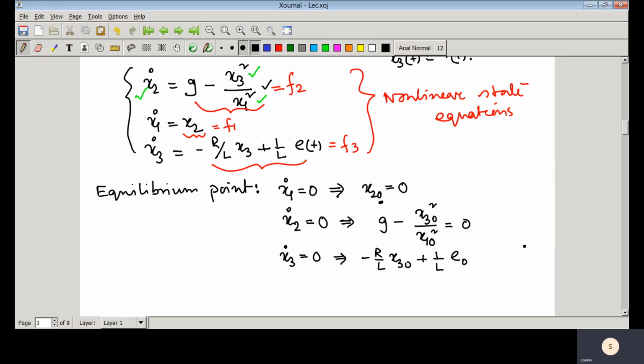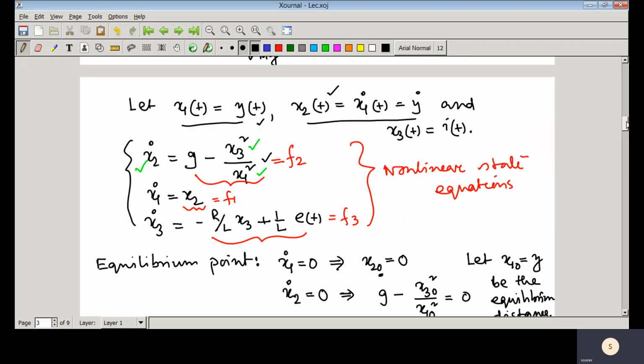So if we assume that x1 0 equal to y is the equilibrium distance.